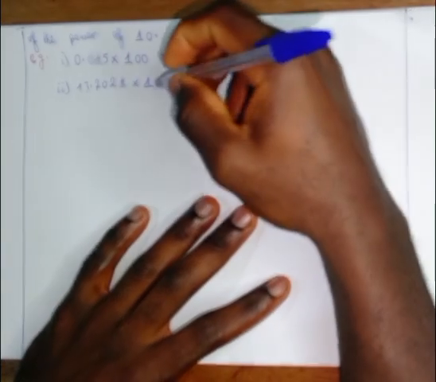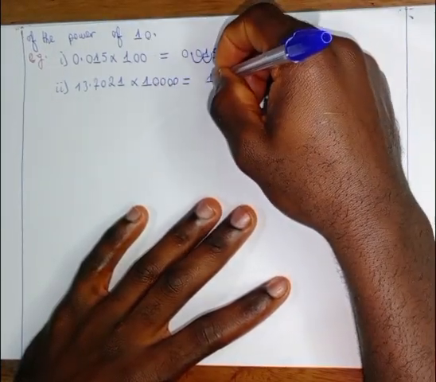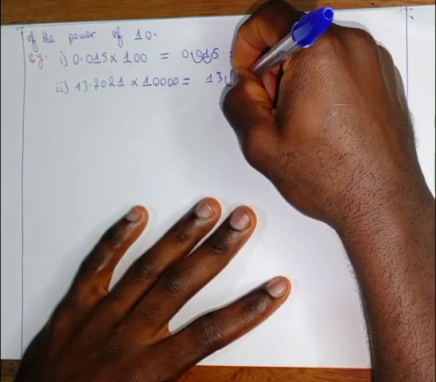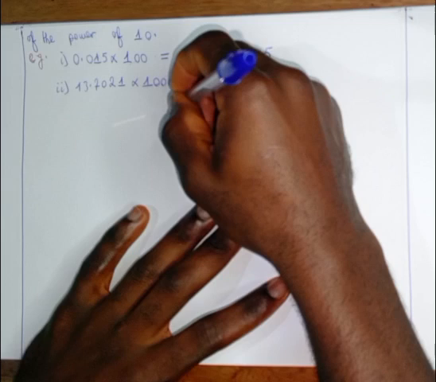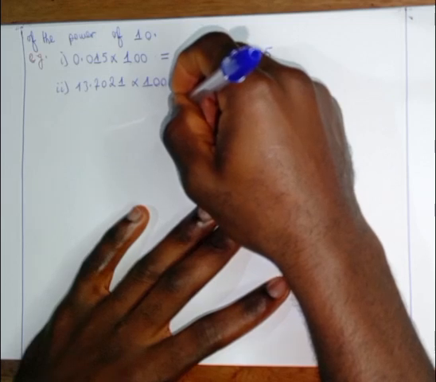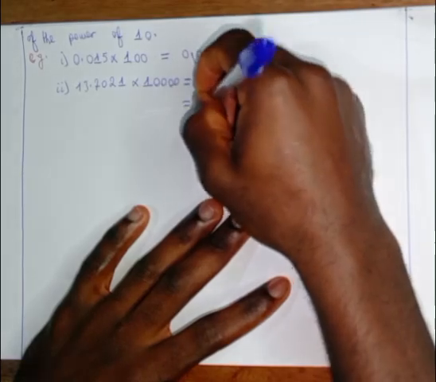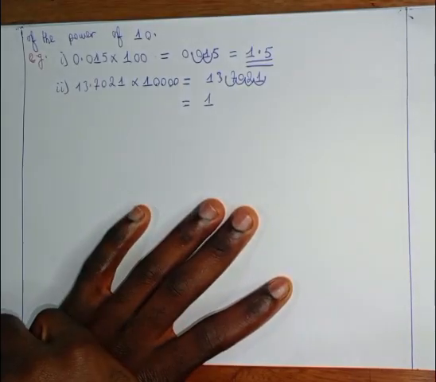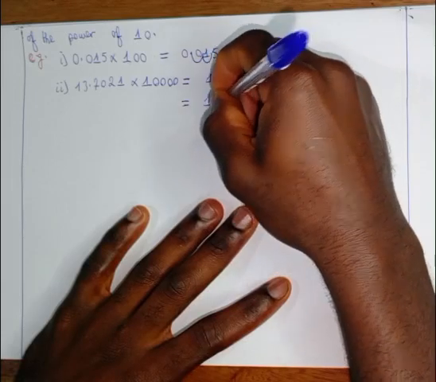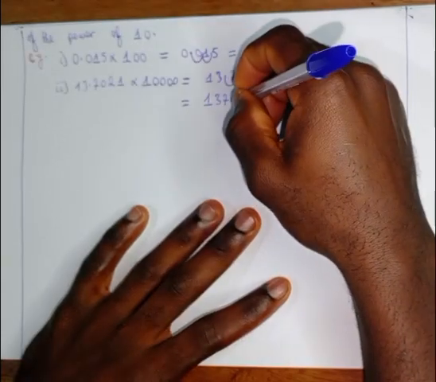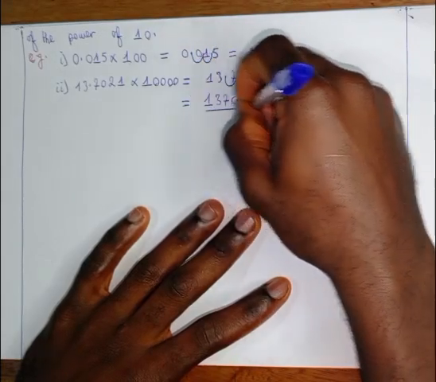Then we take the decimal point 4 places to the right hand side: 1, 2, 3, 4. This will be equal to 137,021. This will be the answer.